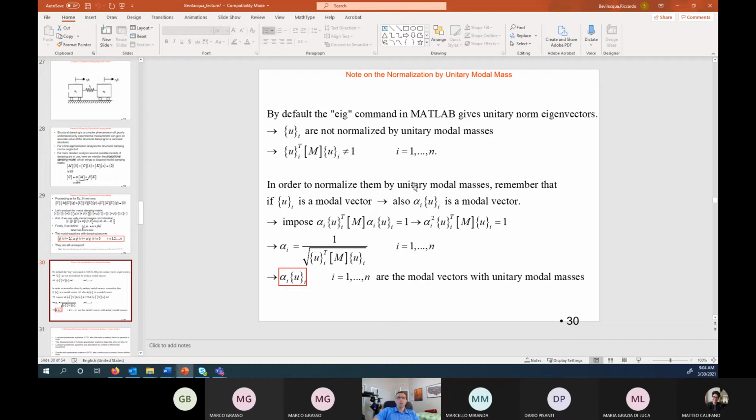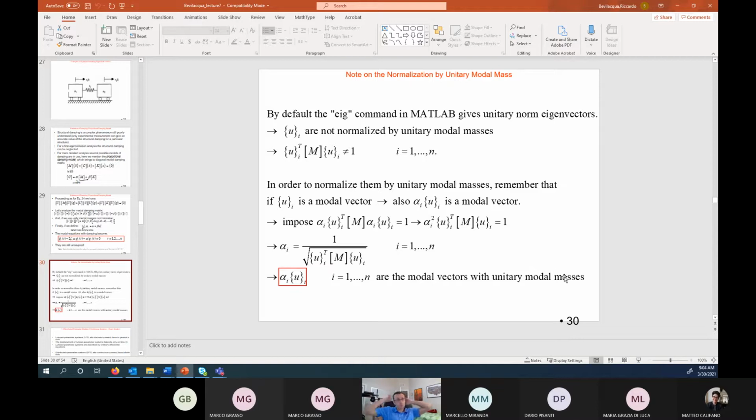If you really want to normalize your modes with the masses, you can impose, remember that if U_i is a modal vector, also alpha U_i is a modal vector. So you can use some alpha U_i, impose that this condition is respected, and solve for the alpha values. And then alpha U_i will be the modal vectors normalized to unitary modal masses.